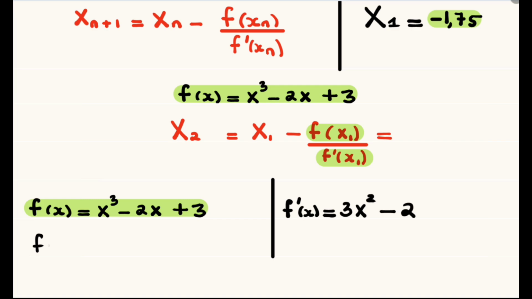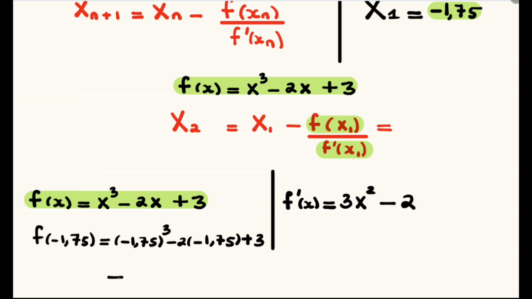And now we substitute the negative 1,75, and f of negative 1,75 will be equal to negative 1,75 raised to the power 3 minus 2 multiplied by negative 1,75 plus 3, and this will be equal, so let's determine the other side.